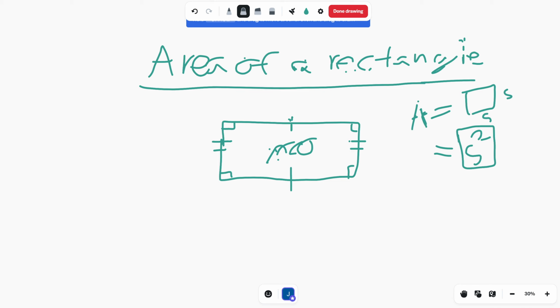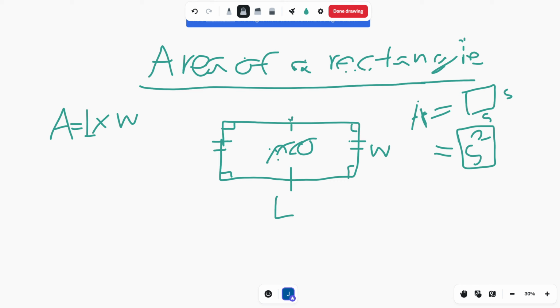So if we take that same logic and apply that to a rectangle, the area is equal to the length times the width. The length represents how long something is, and the width represents how far back it goes. Some people rearrange it. It doesn't necessarily matter because multiplication doesn't depend on the order you multiply things in.